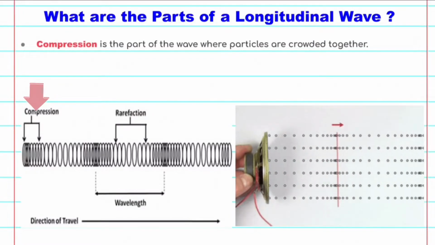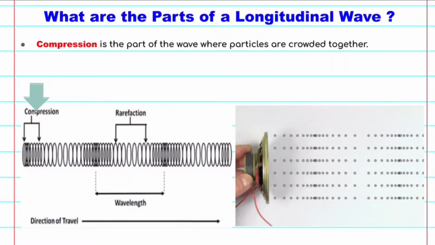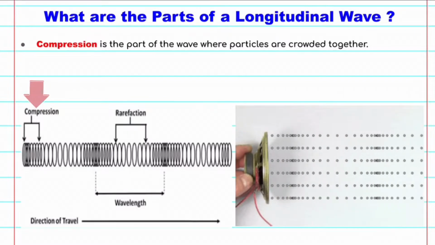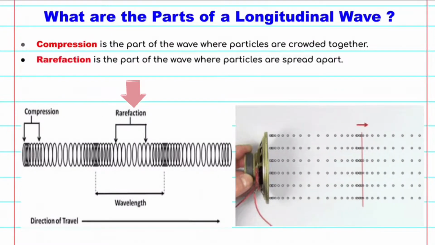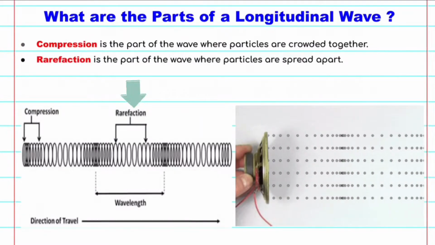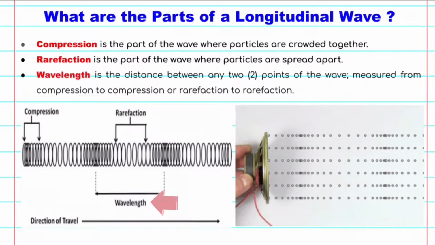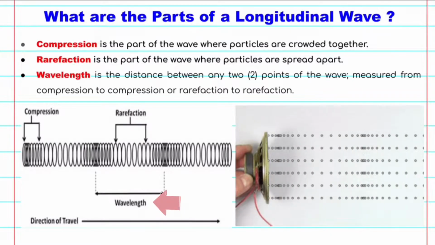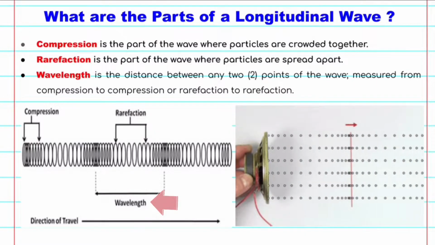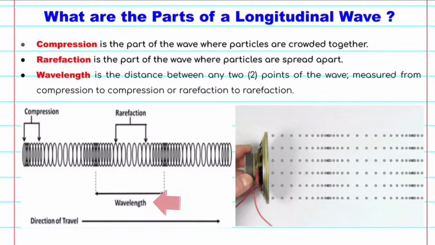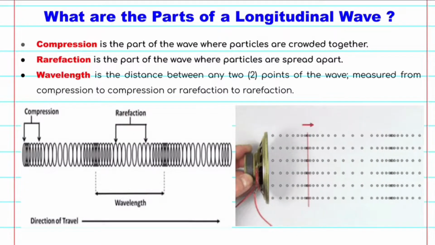A longitudinal wave is composed of compression, which is the part of the wave where particles are crowded together, rarefaction, the part of the wave where particles are spread apart, and wavelength, the distance between any 2 points of the wave, measured from compression to compression or rarefaction to rarefaction.